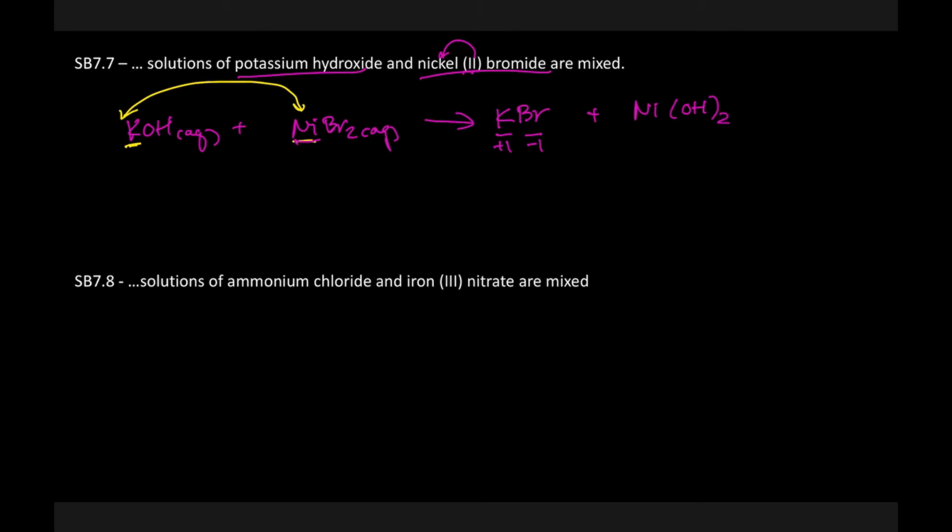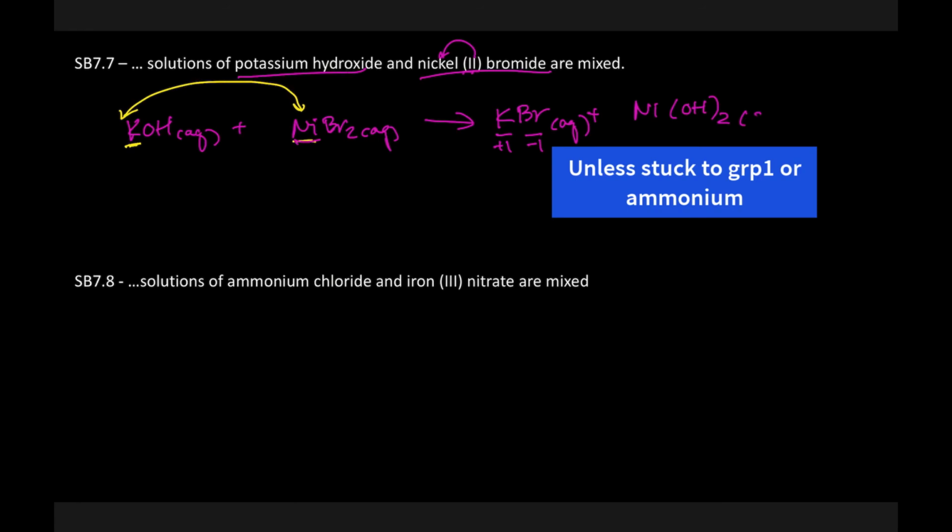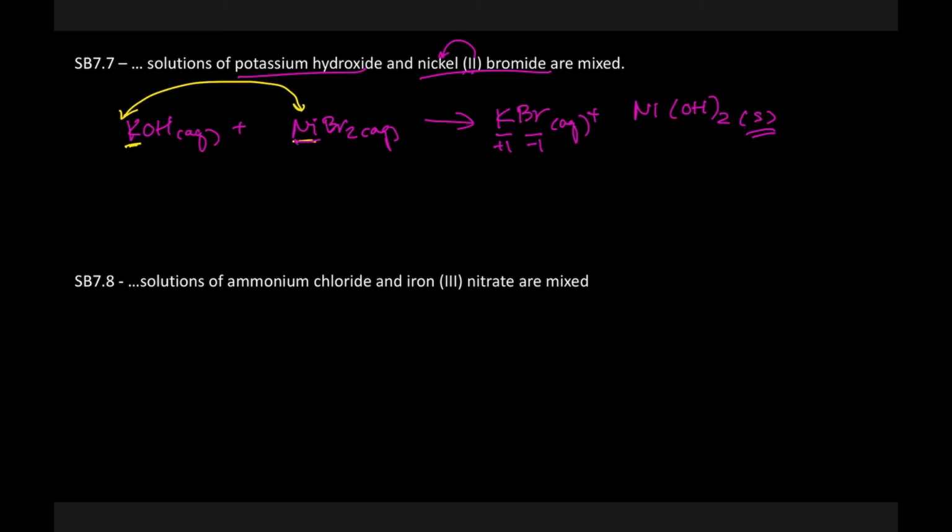Now we're going to layer in our solubility rules. Potassium is a group 1 compound, which means that this is aqueous. Nickel hydroxide, if you remember, hydroxides tend to be insoluble, which means we've just formed a precipitate, yes? So then we'll go back and balance. There are 2 hydroxides here, which means I'll need a 2 here, which means I'll need a 2 here, and then it's balanced.